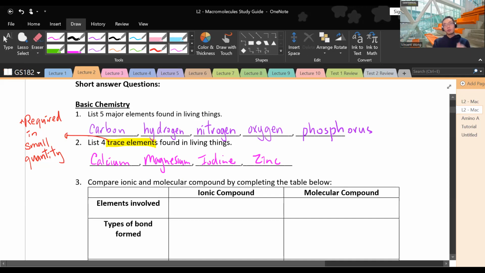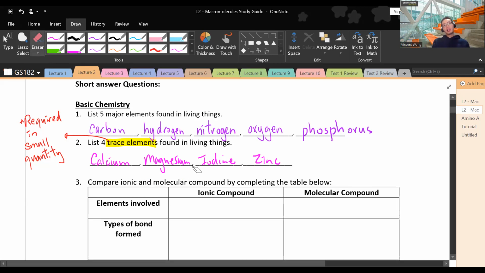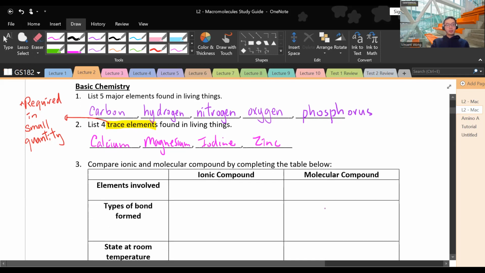Not having enough calcium could cause weakening of the bones, right? Osteoporosis, but it could also cause muscle weakness. Okay? Magnesium also needed for muscle contraction. Iodine, we use it to make hormones, and zinc is important for your immune system. Okay? So these are some examples of trace elements that we need in the body.